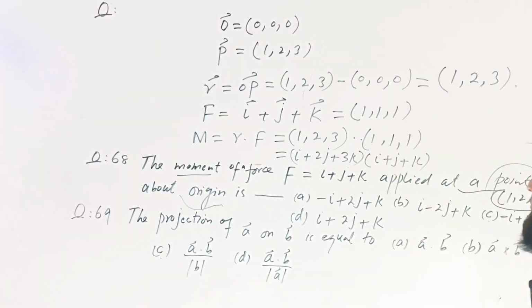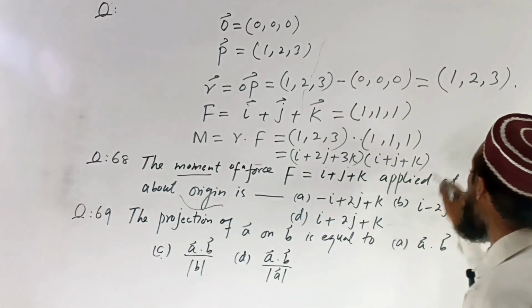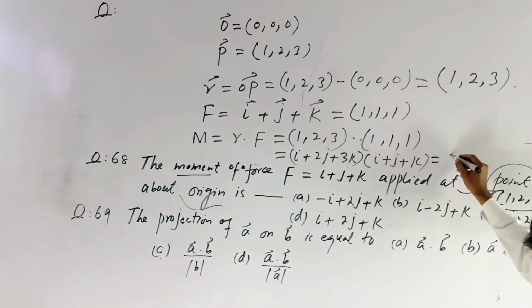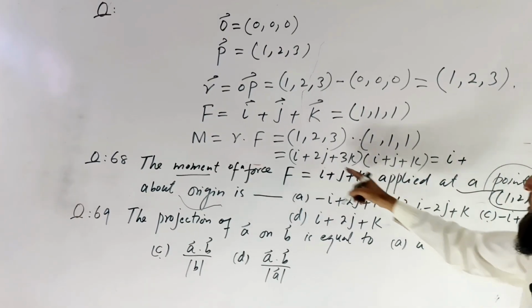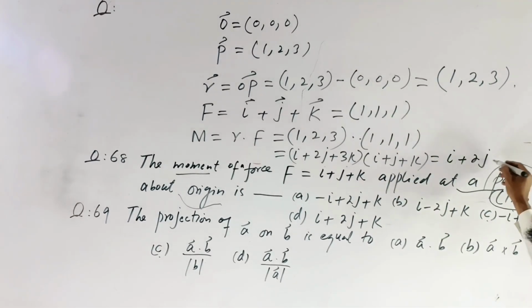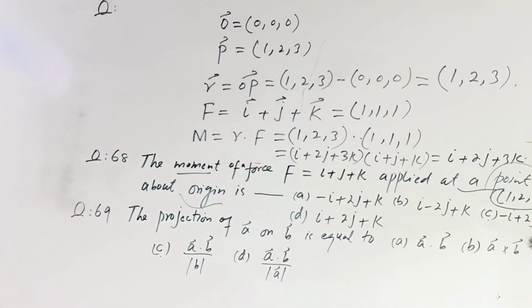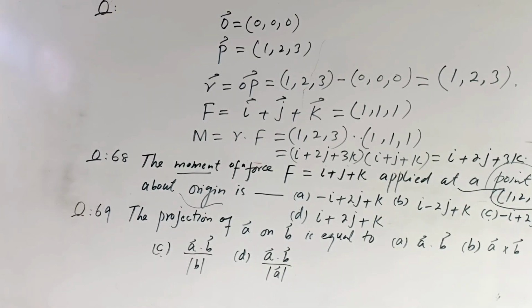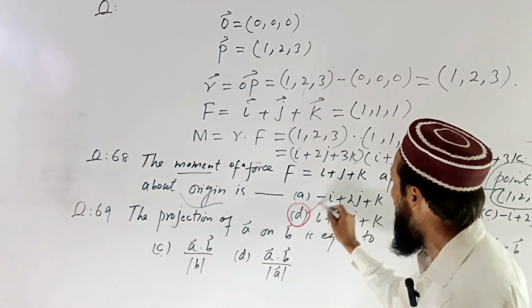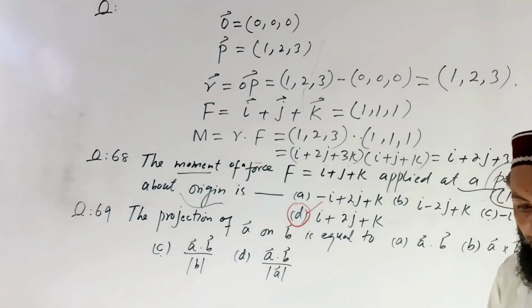We write it in this form. So i with i we get 1, and 2j with j gives 2, and 3k with k gives 3. Now if we check here, the answer is i plus 2j plus k. So the correct answer here is G. If we apply the property, this answer is correct.